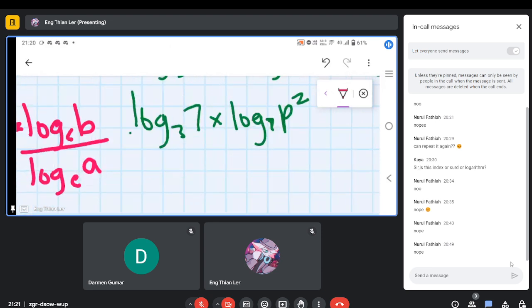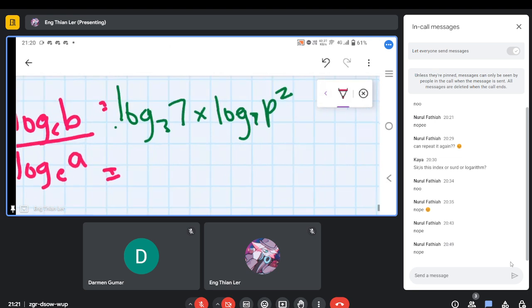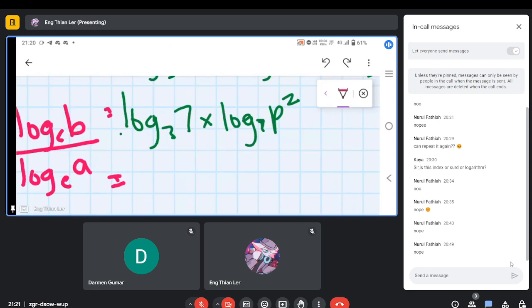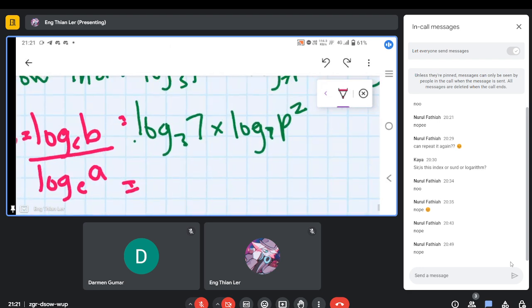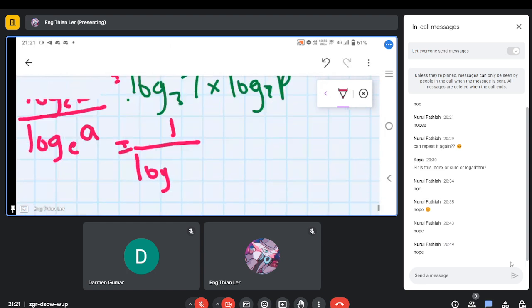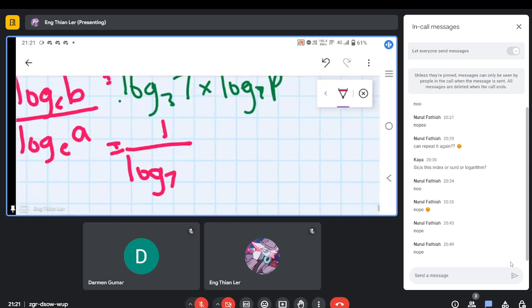Okay, so now we can write this as, we need to reverse the log, just take the reciprocal, 1 over, and this will become log 7 base 3.